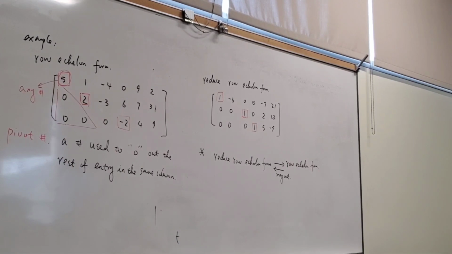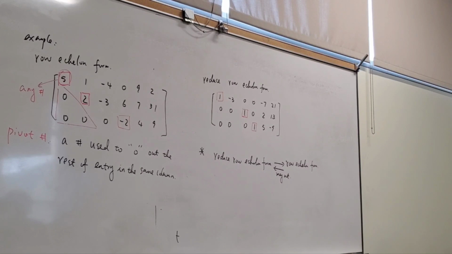Number 1C. They ask you to determine whether the matrix is in row echelon form, reduced row echelon form, or both, or neither. Number 1C. What kind of form is this one? Okay.